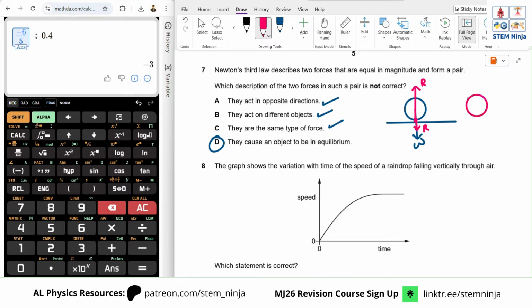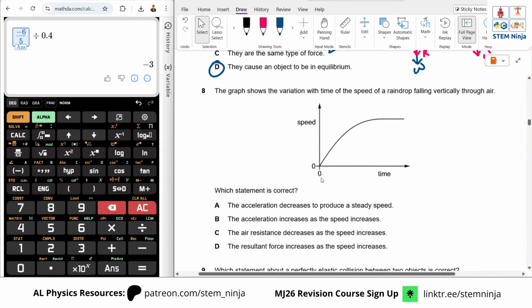So if you just consider the ball, the weight is going downwards and the reaction force due to the ground is upwards. So the sum of these two, W minus R, is equal to 0. So you can say that R is equal to W, which means that the force exerted by the ball on the ground will also be equal to weight. So that is the reasoning. So it's not necessary for the object to be in equilibrium.